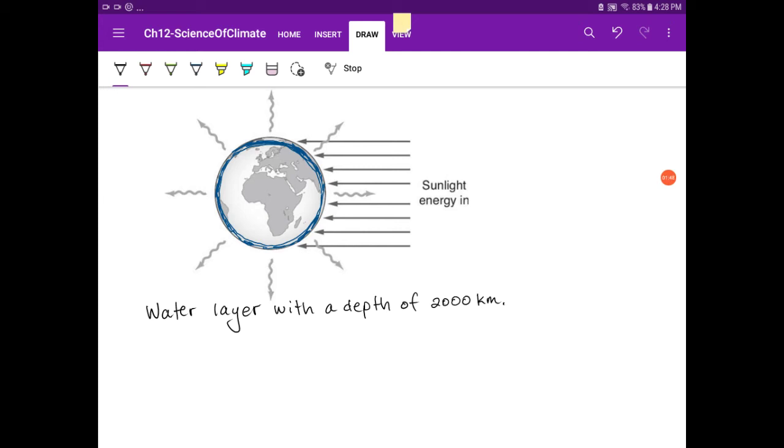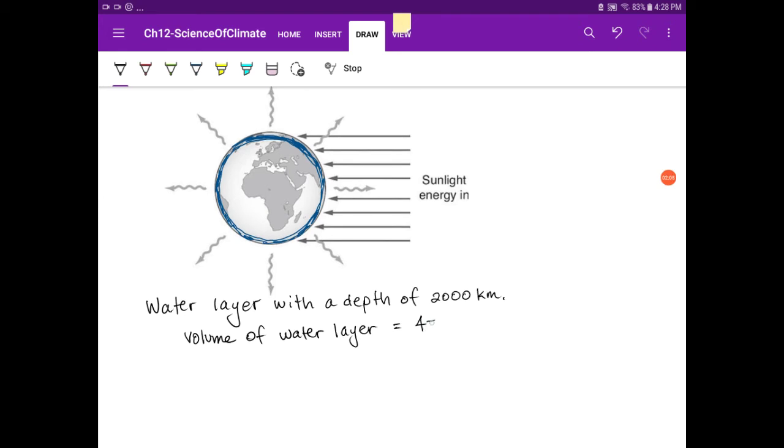That means that if I want to calculate the volume of water, I can do that as the surface area of the Earth, which we saw in a previous video, is 4 pi times the radius of the Earth squared, and then I can multiply that by the depth of the water to get a volume instead of an area.